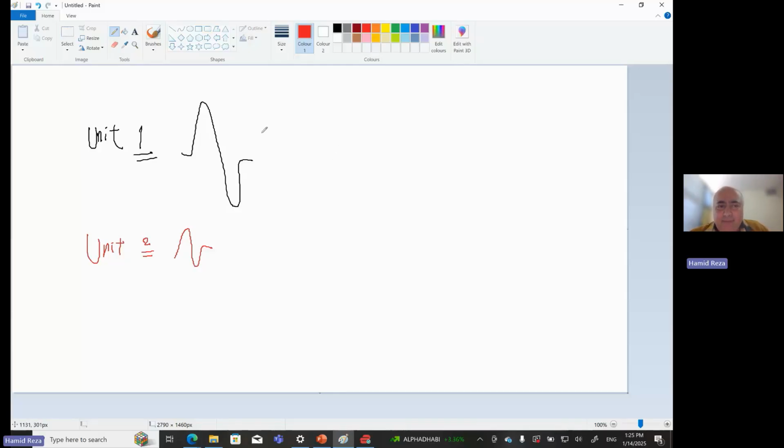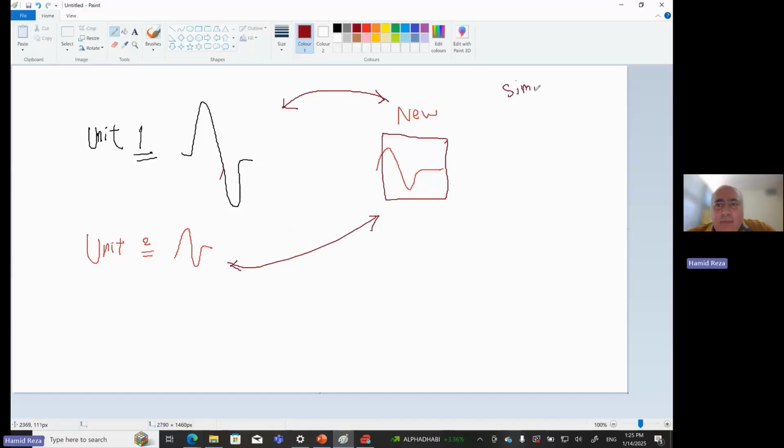The point is that this is the new one, okay? Basically, if I want to identify if it is related to this unit or this unit, I need to identify the similarity between these two and the similarity between these two, okay? So we need to identify the similarity.